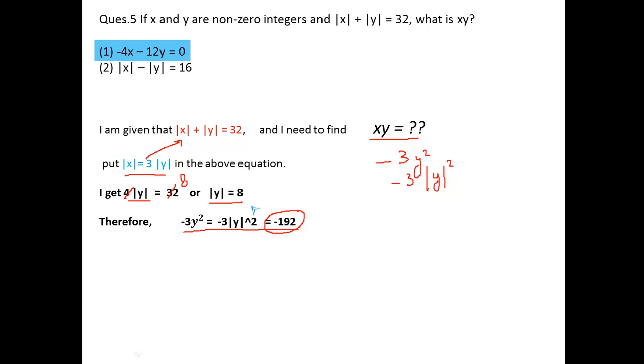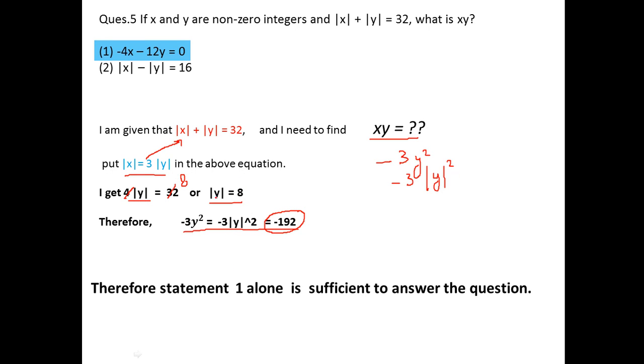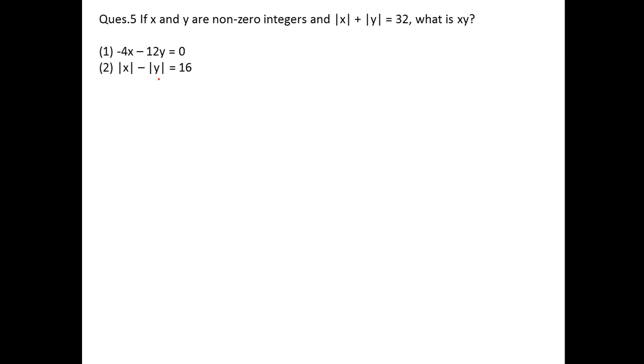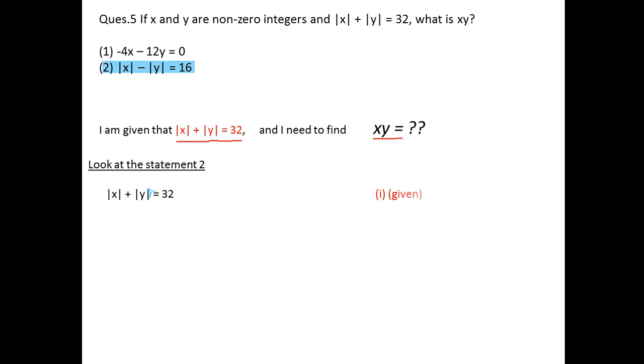So by statement 1 I can tell the value of xy, right? So statement 1 alone is sufficient to answer the question. Now see statement 2. I'm given |x| plus |y| is equal to 32. I need to find xy, and statement 2 says |x| minus |y| is equal to 16.